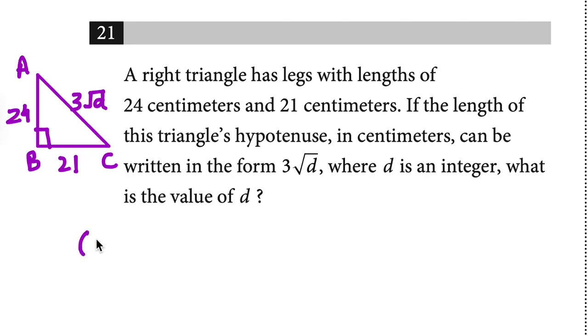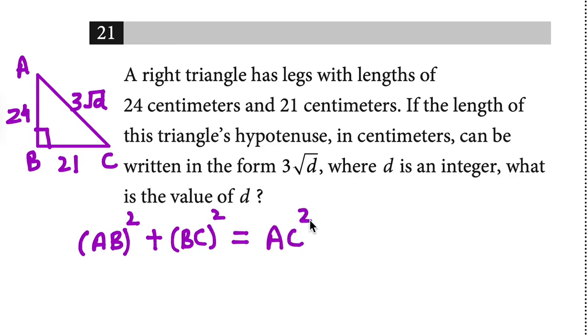Length of first leg squared plus length of second leg squared is always equal to the square of the hypotenuse, which is AC in this case.